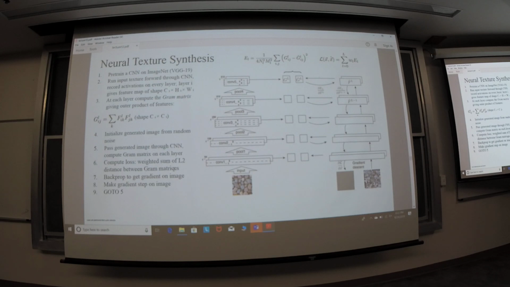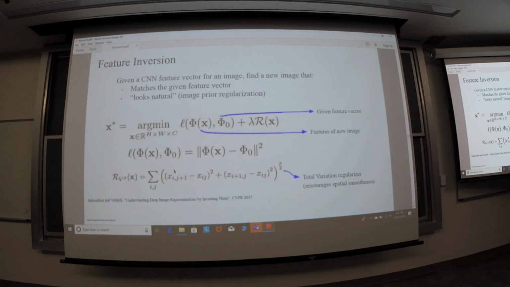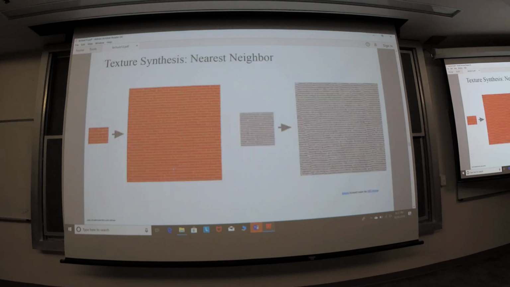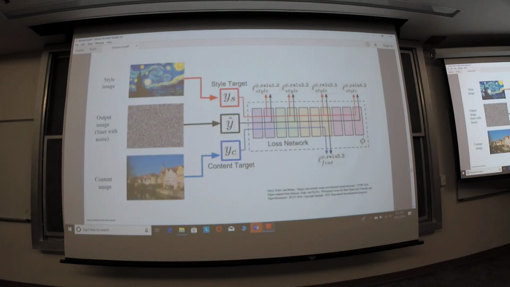And we will go for this feature inversion technique for the content image, because we would like to minimize the difference between the features of this random image and this content image, with the hope that the output image will be pretty close to the content image. That's the difference in the feature space, and the gram space will ensure that the style which is being imposed on this output image, presumably close to this content image, will have the style.